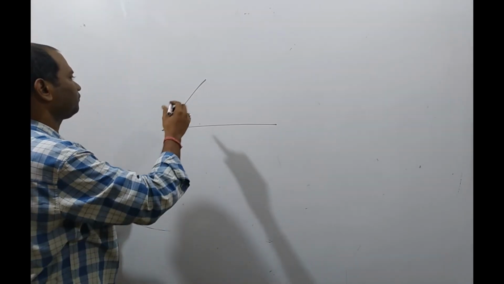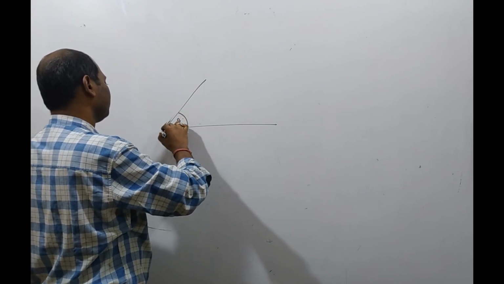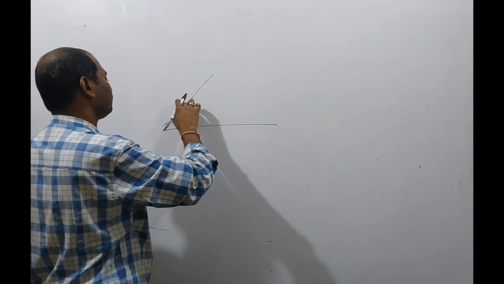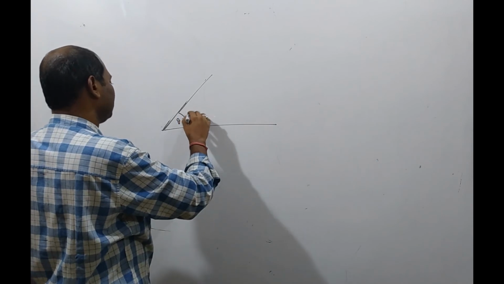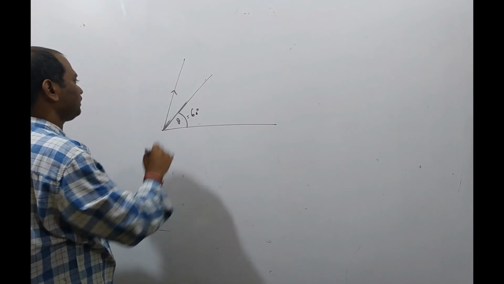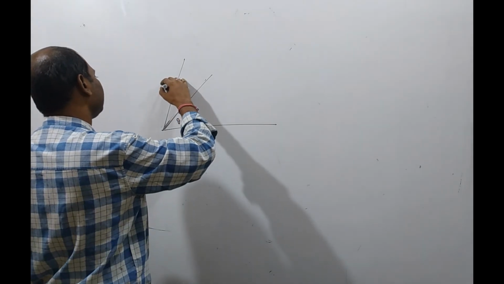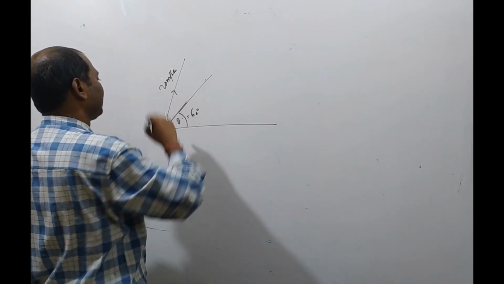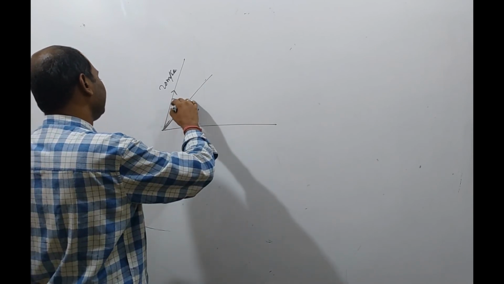Then come to the next question, you write: theta is equal to 60 degree, initial velocity is given here, suppose 20 meter per second, and this angle is suppose 30 degree.